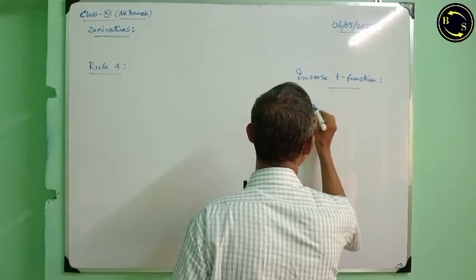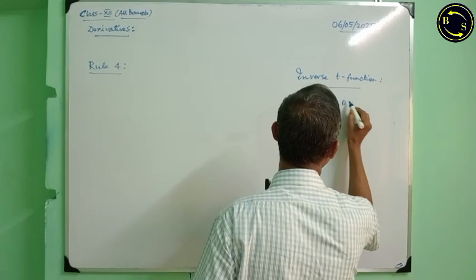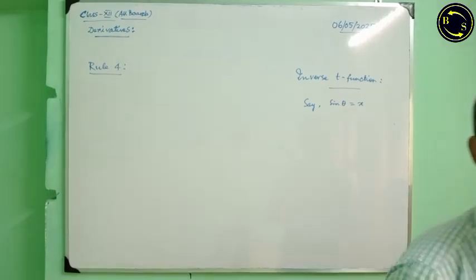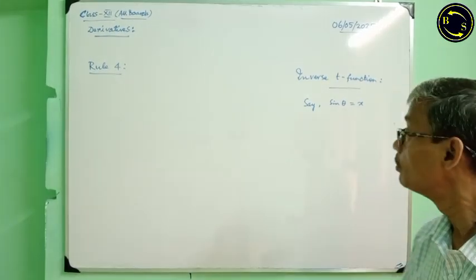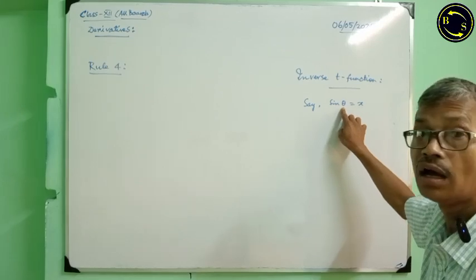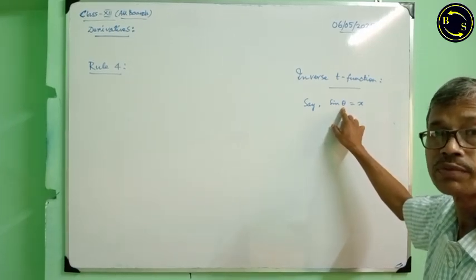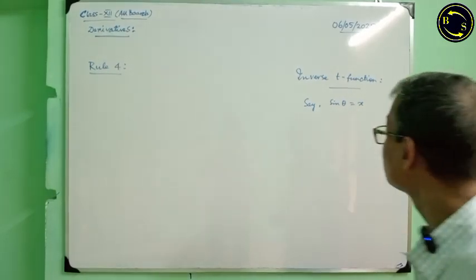Saying sin theta equal to x. Sin theta is equal to x. Now, the angle theta is expressed as inverse function of x and written as sin inverse x.